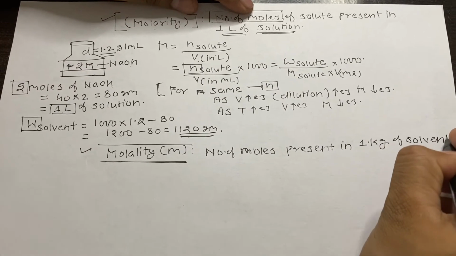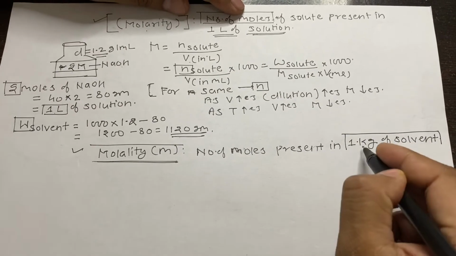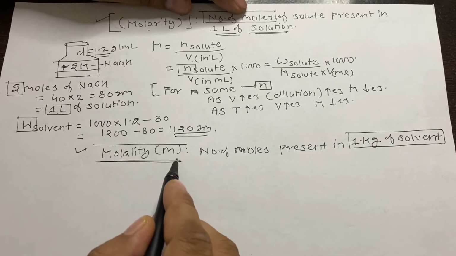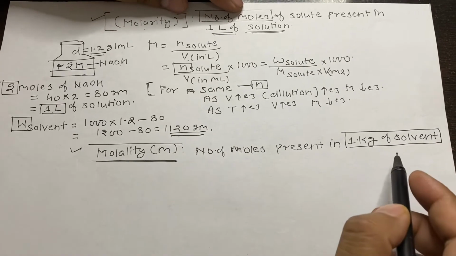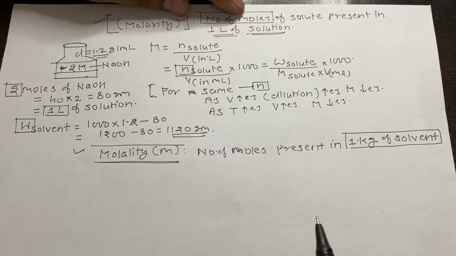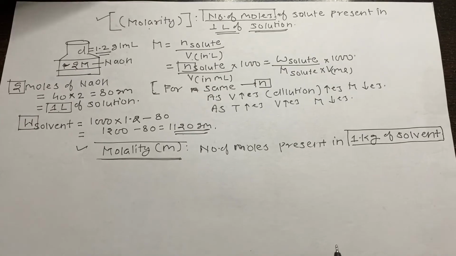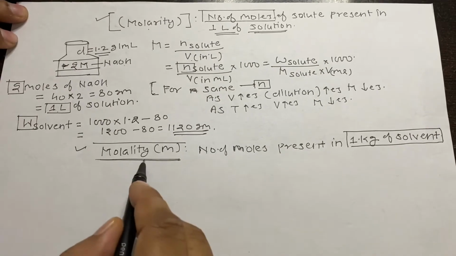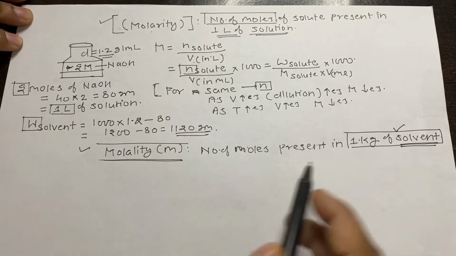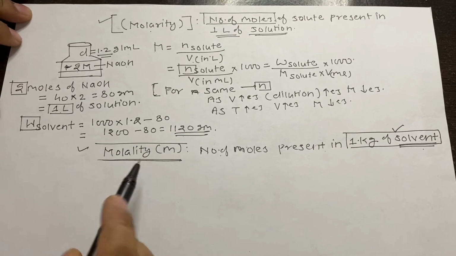No need to get confused: moles per kg of solvent is to be calculated to find the molality. One thing you should note is that in all concentration terms we calculate for the solution, but for molality we are calculating for the solvent.